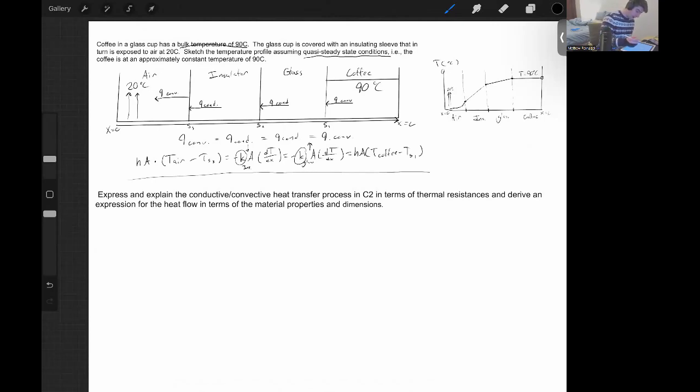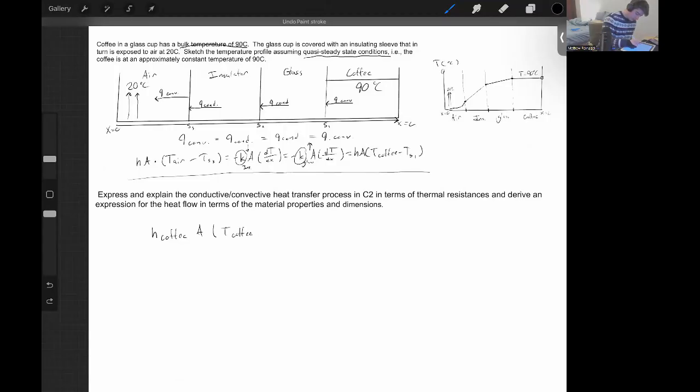Starting from left to right, we have the convection equation, which goes as h times the area times the temperature of the coffee minus the temperature, which we're just going to call T1 for now.